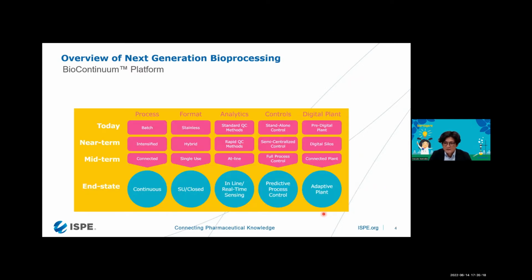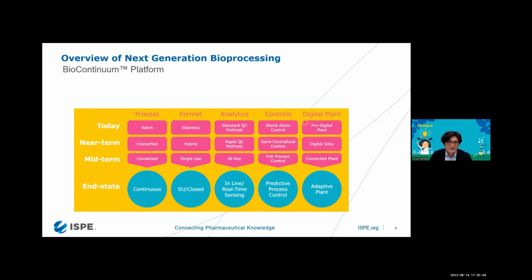This slide shows the details of our biocontainer platform, what we will focus on and what we will develop for next generation bioprocessing. In the next 10 years, for moving to future production facilities, we will focus on the following 5 fields, such as the process, format, analytics, controls, and the digital plant.